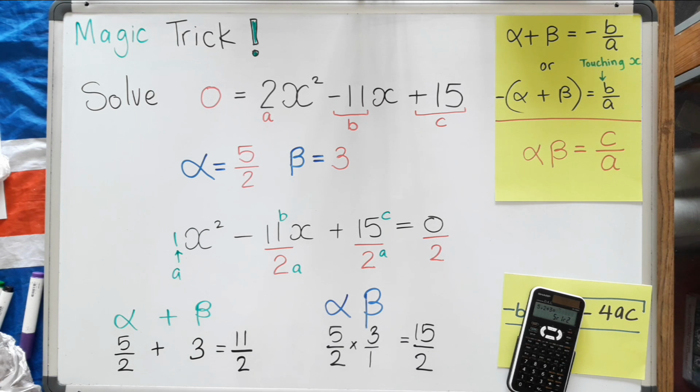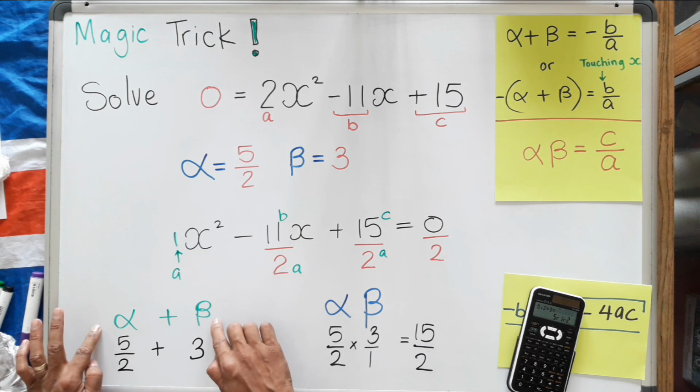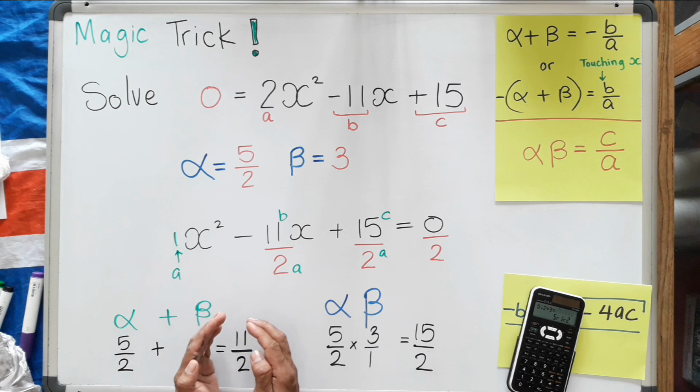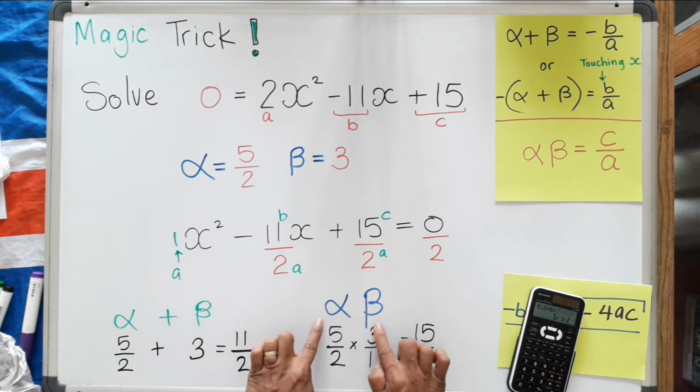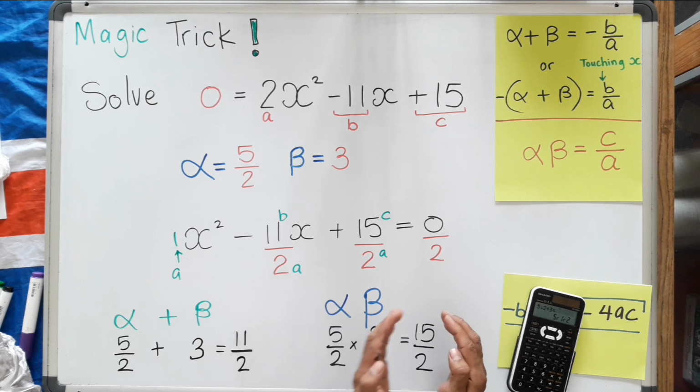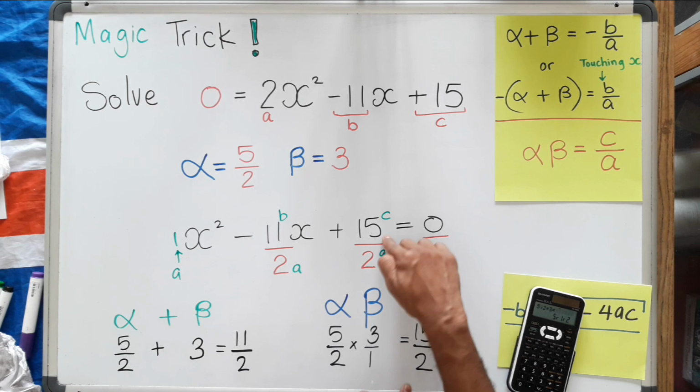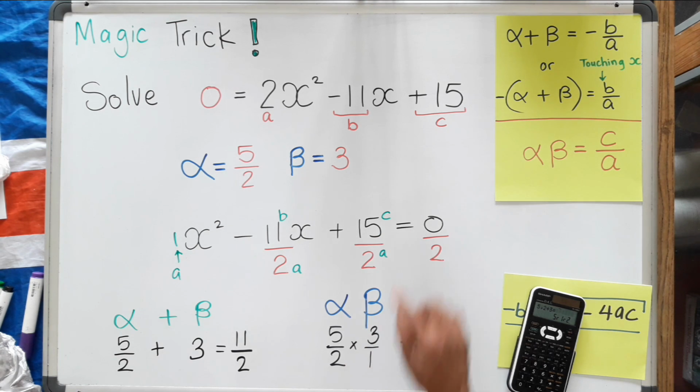In other words, anytime you add the two roots, whatever we get, we just need to change the sign, and that will help us figure out what is touching x. Anytime we multiply the two roots, whatever we get, that will be the item without any x in it. In other words, c divided by a.